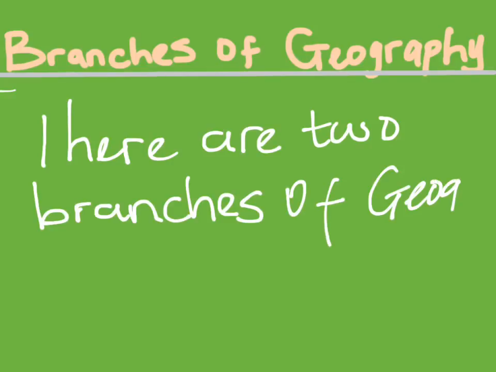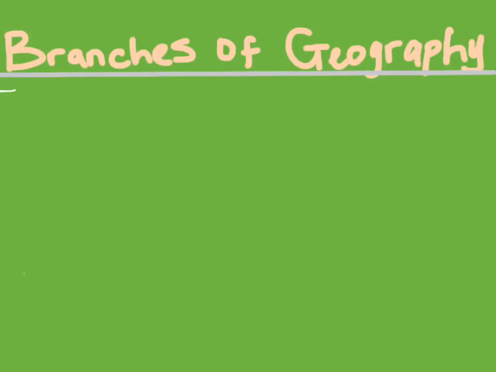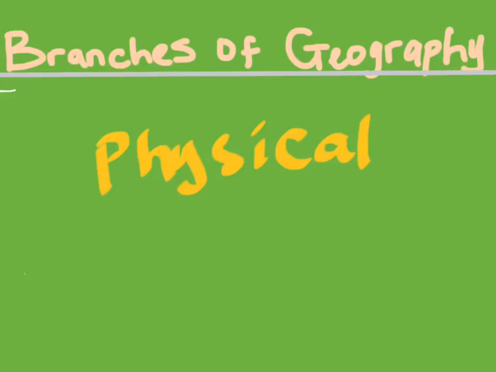We will now go to the branches of geography. There are two main branches of geography. We'll begin with the first, physical geography. From the word physical, it means it's a geography that deals with our environment. For example, we have mountains, lakes, hills, plains, and basins.